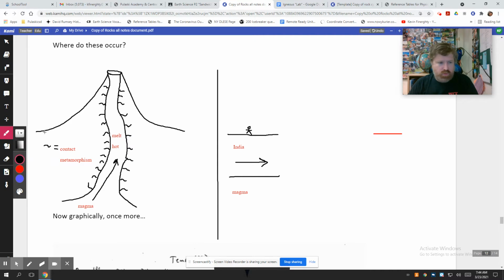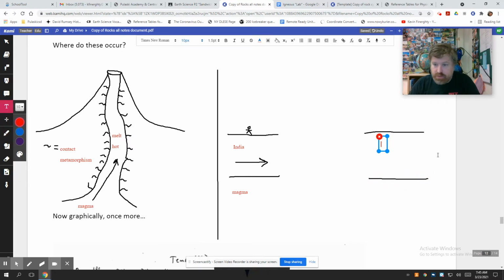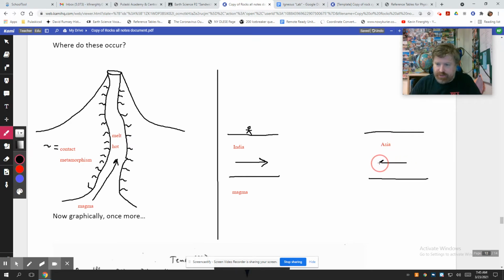And while India was plowing northward through what would one day be called the Indian Ocean, Asia was sitting right there. Effectively, they're moving towards each other.